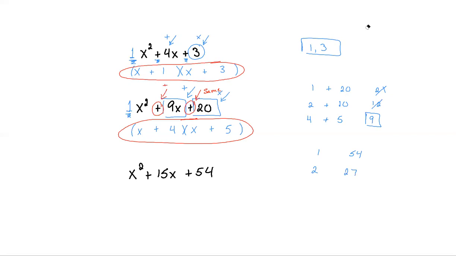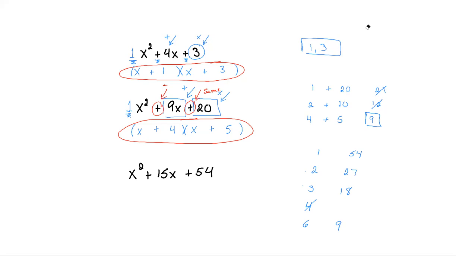I have 3, and 54 divided by 3 is 18. Is 54 divisible by 4? No. 5 doesn't work. Because 2 and 3 work, I know 6 works. 6 and 9.